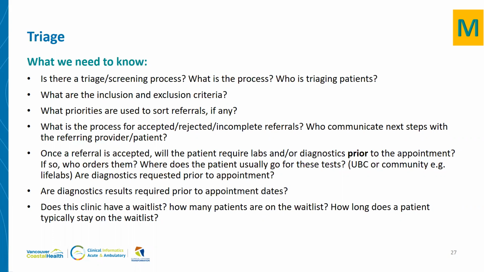There's no formalized inclusion exclusion criteria. The triaging and the screening happens with whichever cardiologist is available. So they are essentially efficiencies for a group of private practitioners, and they are using space that is located in what's called the medical clinic, which essentially means any of the medicine practitioners at UBC are using a co-located space.